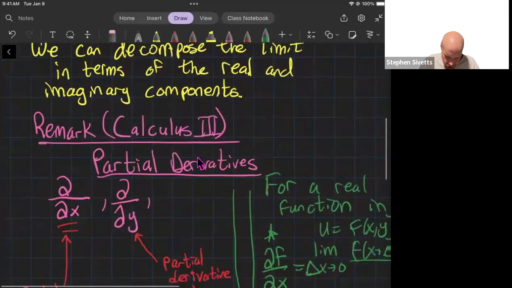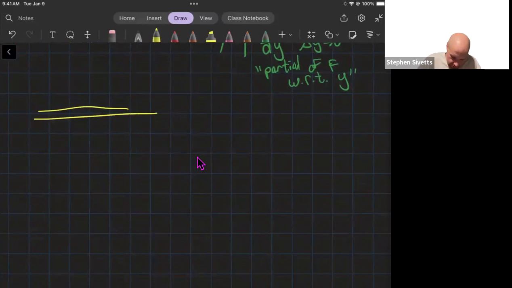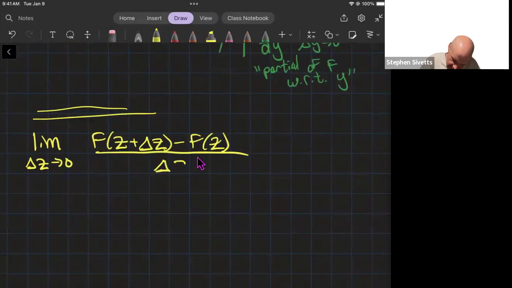Okay. So with that, we should be able to derive the Cauchy-Riemann equations. So we have this limit, f of z plus delta z minus f of z divided by delta z.